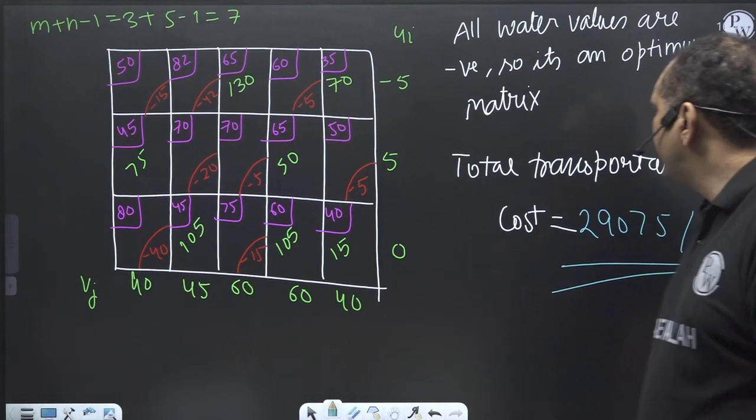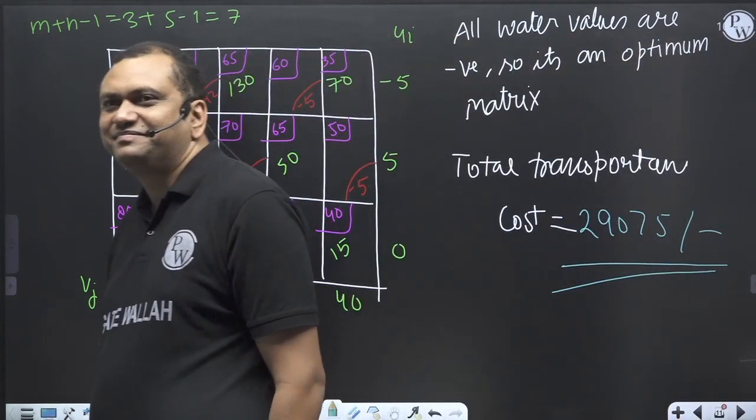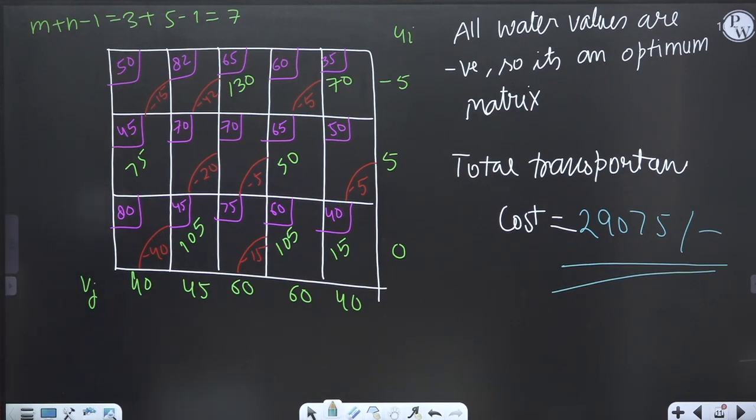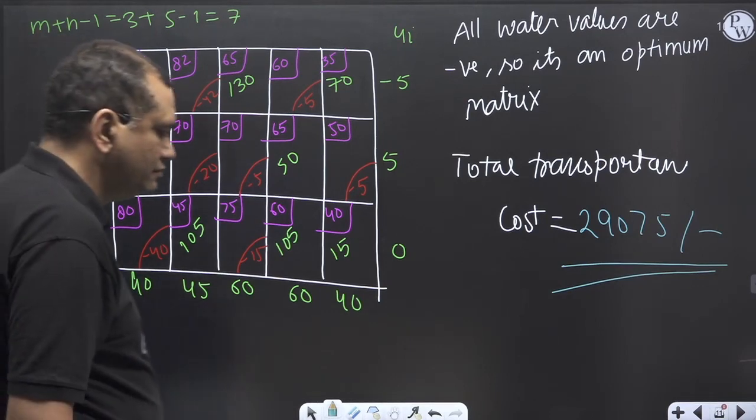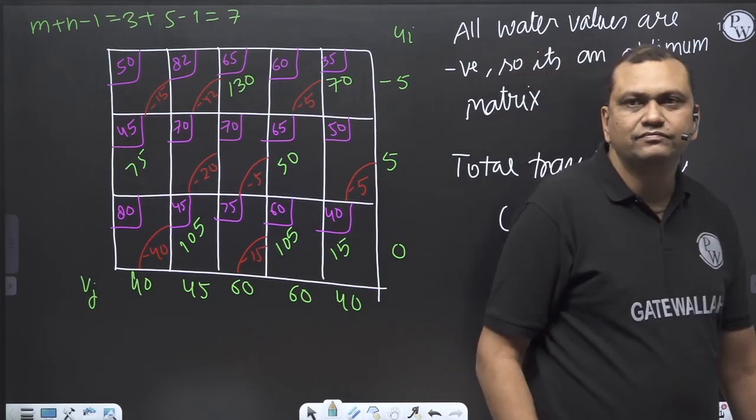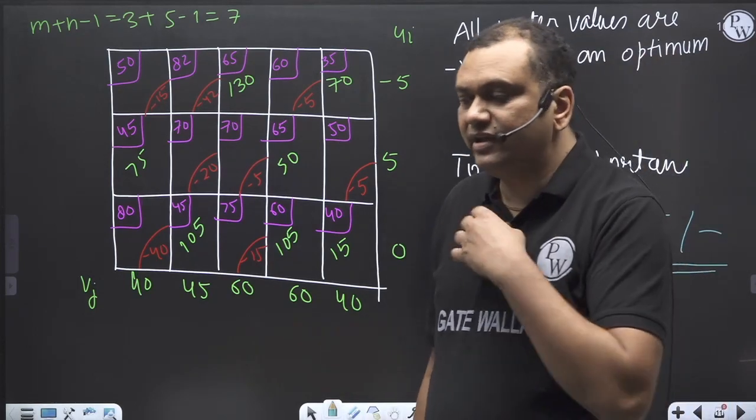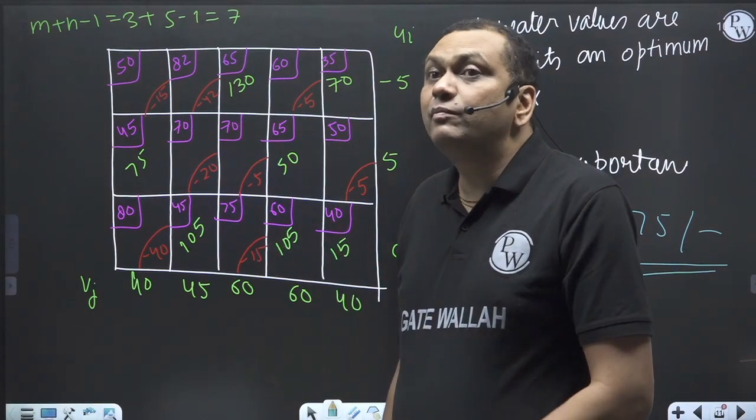After the Modi method, 29,075. So there is an improvement in the result. Okay? Everybody is okay? Modified distribution method, or we call it the Modi method.